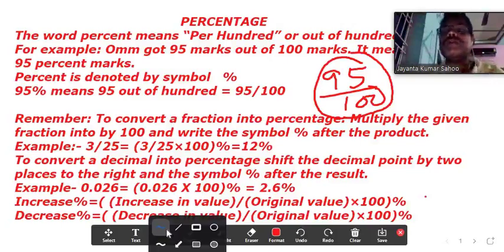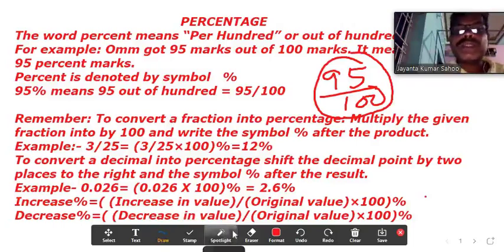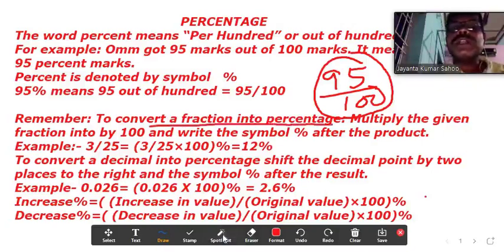So children, few things you have to remember. To convert a fraction into a percentage, multiply the given fraction by 100 and write the percentage symbol after the product.